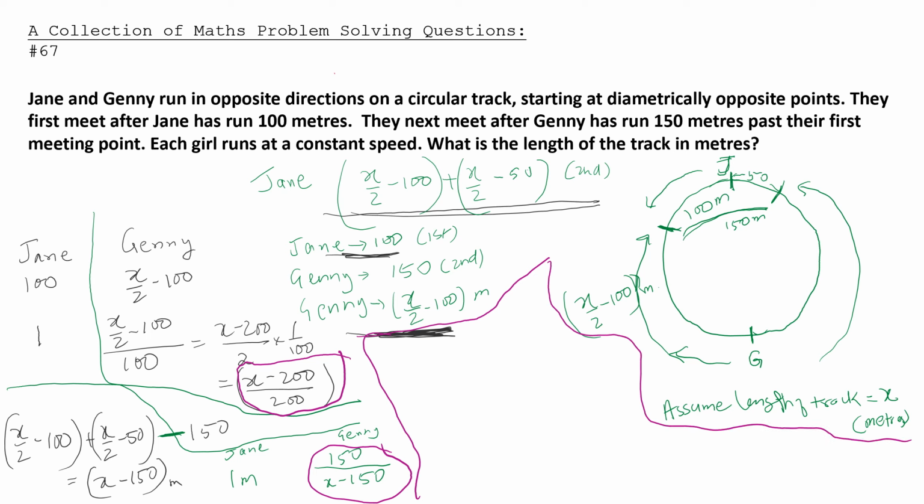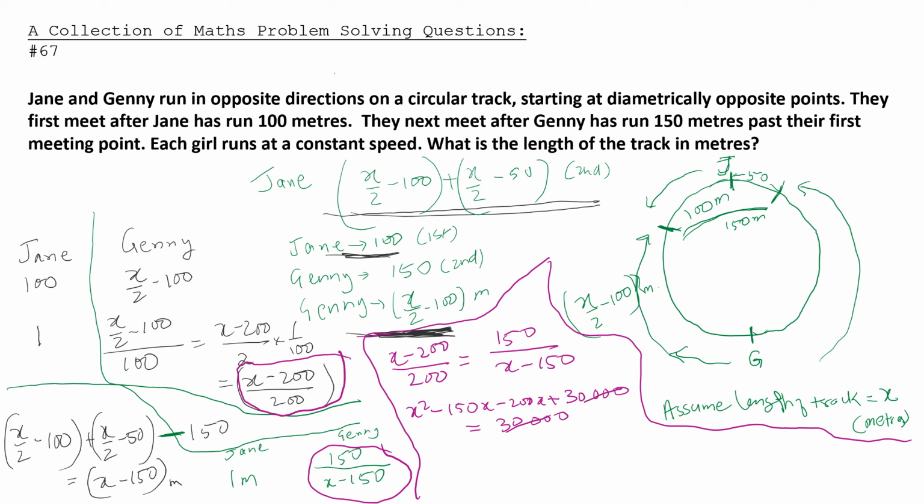Equating the two, x minus 200 out of 200 equals 150 out of x minus 150. So I get x square minus 150x minus 200x plus 30,000 equals 30,000.